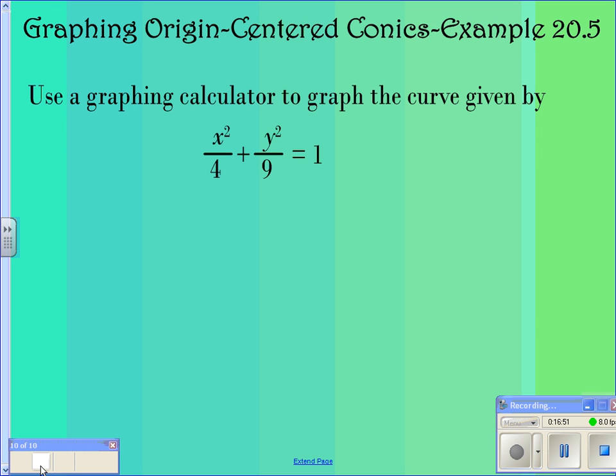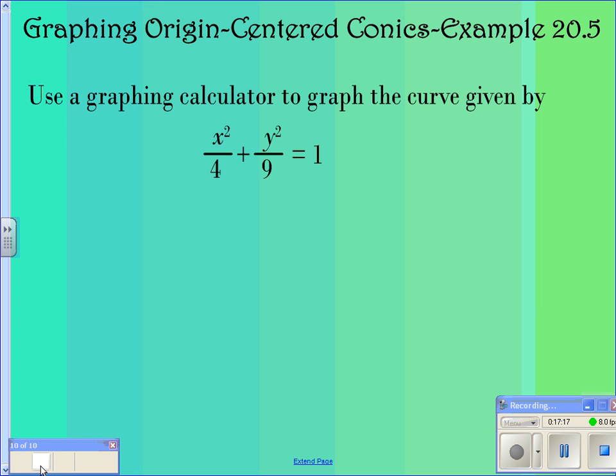Does that make sense? Standard. No, that's if it's a line. X over something plus y over something equals 1 is double intercept for a line. This is just standard form for an ellipse.